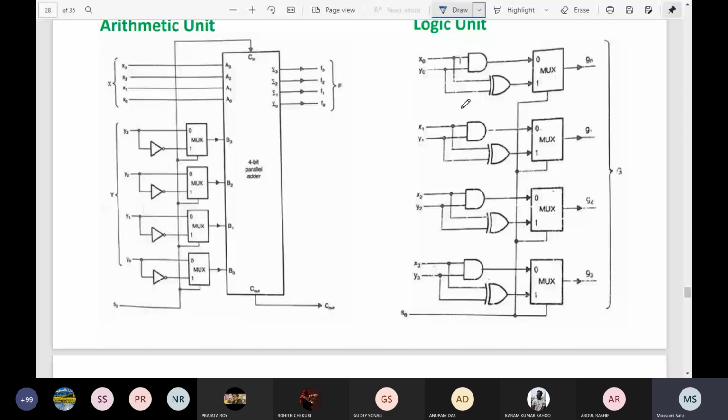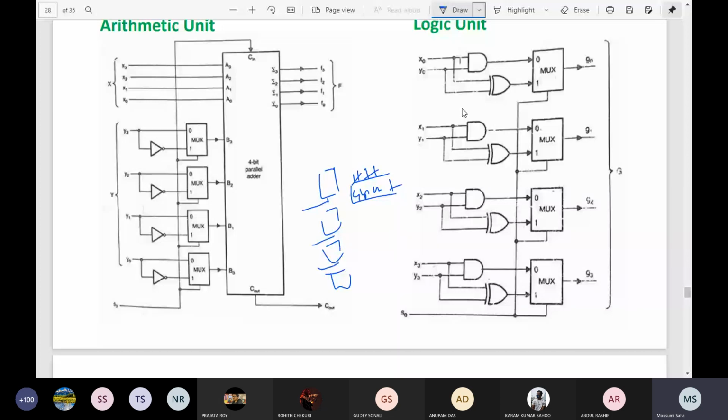There you can initially use the muxes, and with the help of these muxes you can use the 4-bit adder, and whatever the inputs, you can control them with the help of the select lines. Okay, so in this way you have designed.